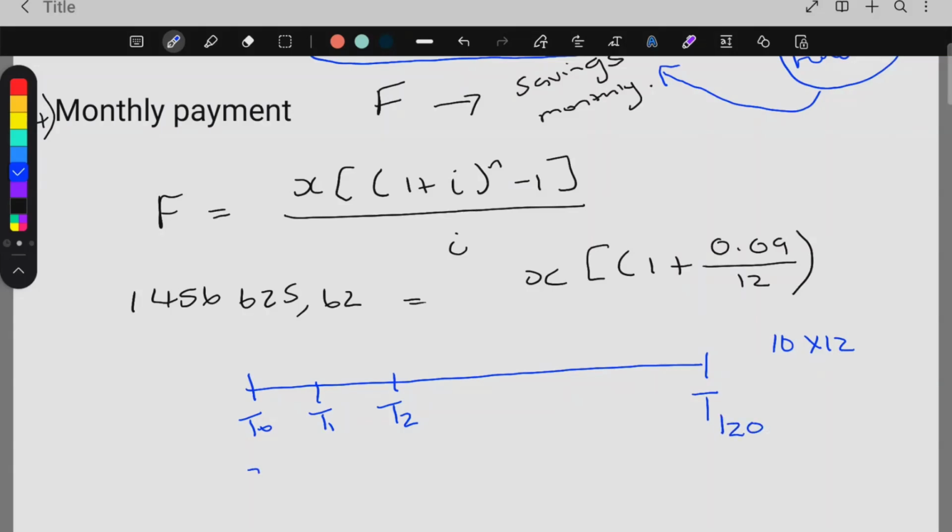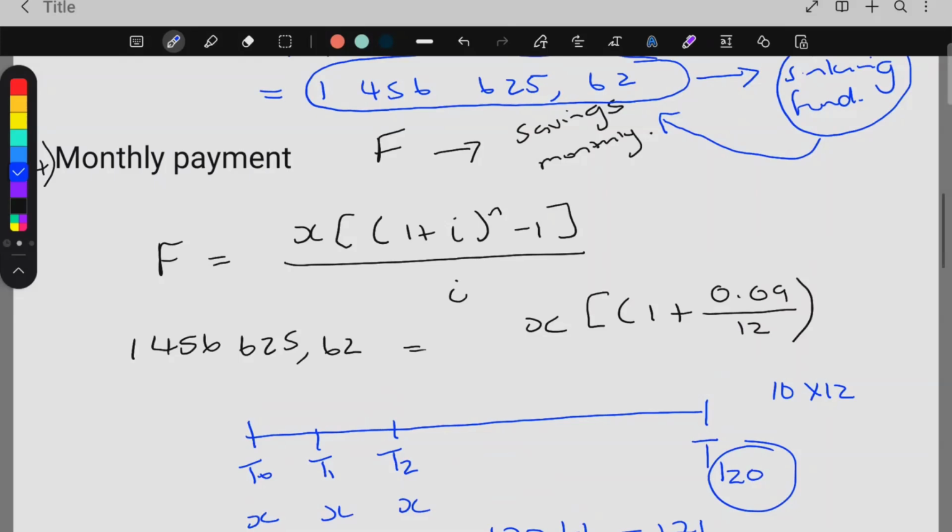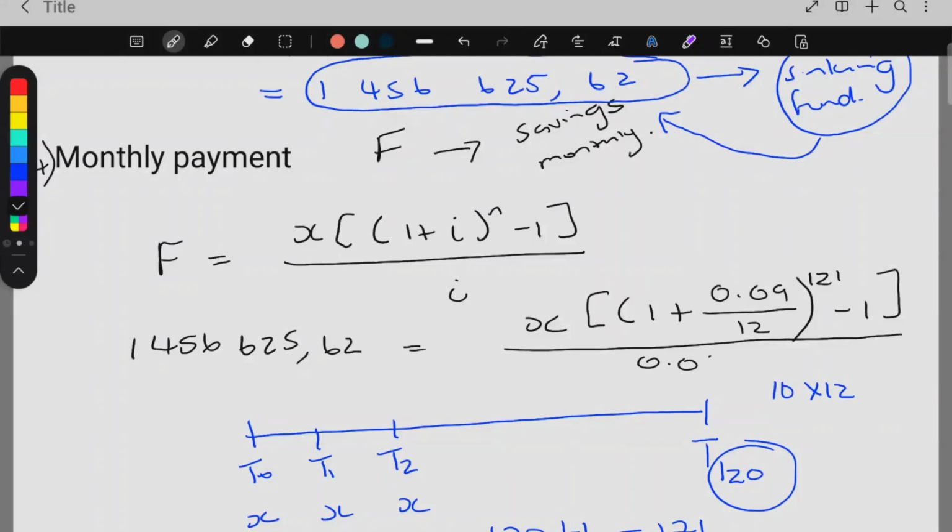And because I made an immediate payment, I am now going to say I have a total of 120 months, but because I started immediately, the n is 121. So I'm making 121 payments. And this is over the same interest.